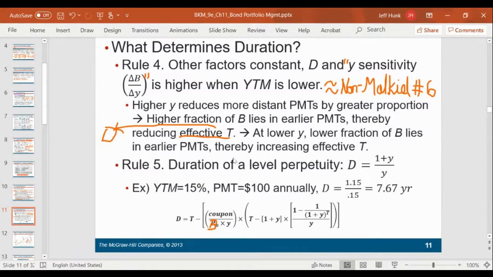So it weighs in more in the price of the bond, thereby increasing effective T, which is duration, right? Another name for duration.